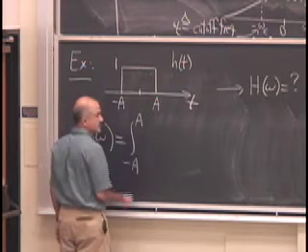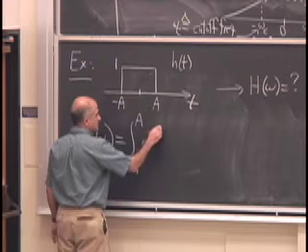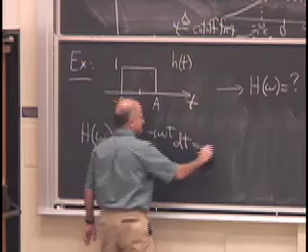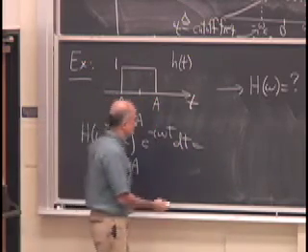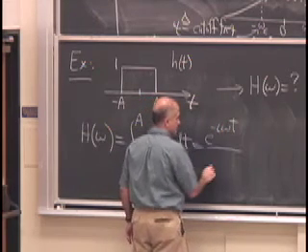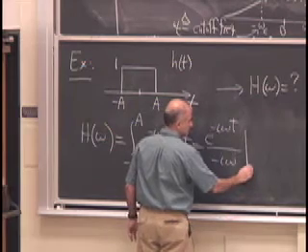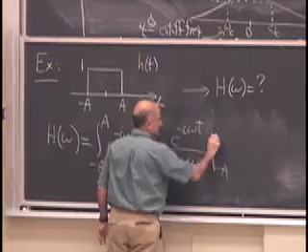So what do I have inside the integral? e to the minus i omega t dt. Over negative i omega, from negative a to a.